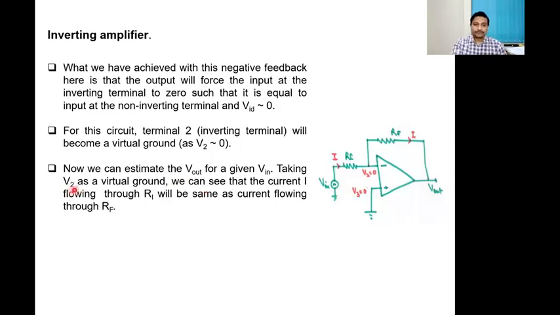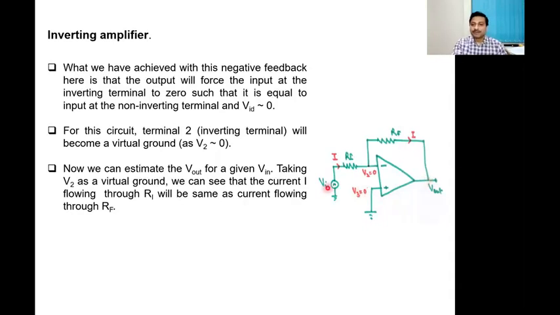Taking V2 as a virtual ground, we can see the current I flowing through Ri. Because of V in, since this is a ground point now, there will be a current flowing from the source to the ground, and since it's an inverting amplifier, there will be a current flowing from the ground to the output, which is taken as another source with the opposite polarity.